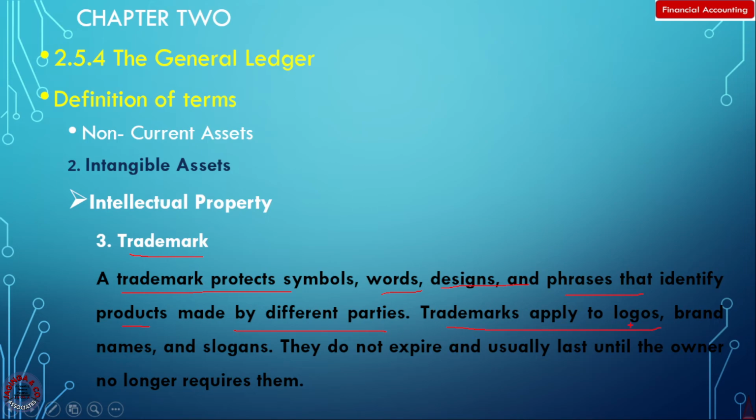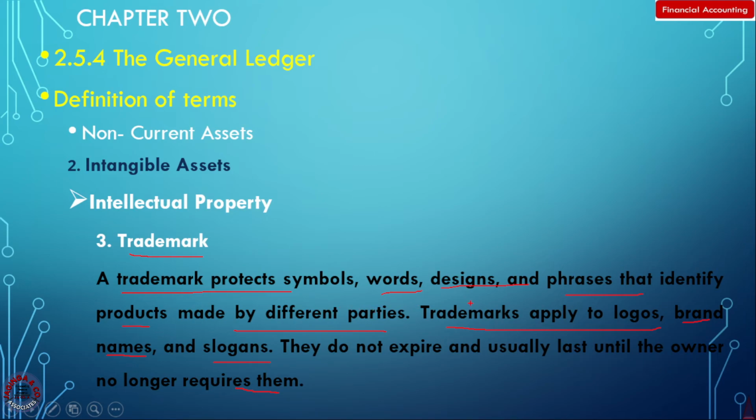Trademarks apply to logos, brands, names, and slogans. They do not expire and usually last until the owner no longer requires them. So when the owner of the trademark no longer requires these trademarks is when they will expire.